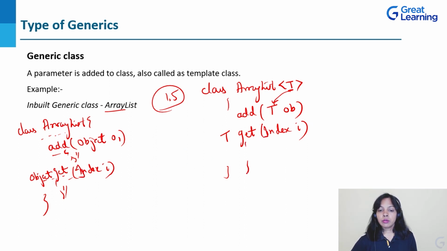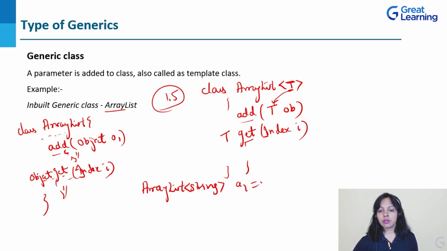So you can see that now whatever type is specified in place of T, when we create an object of this ArrayList class, it is only going to take or call the add and get methods for those specified types. For example, suppose I am creating an ArrayList of type string. In the angular bracket, in place of T, I have specified a string.